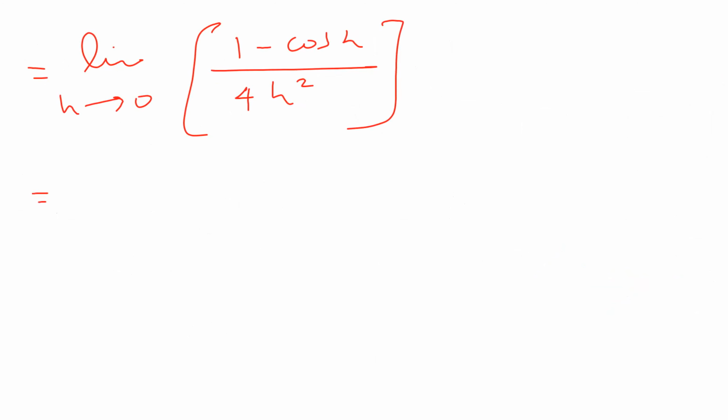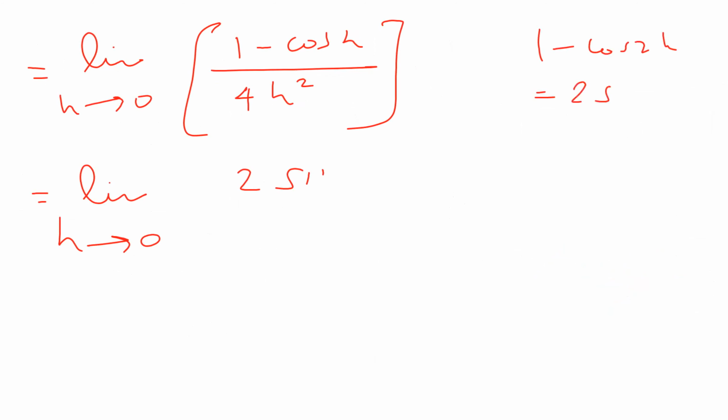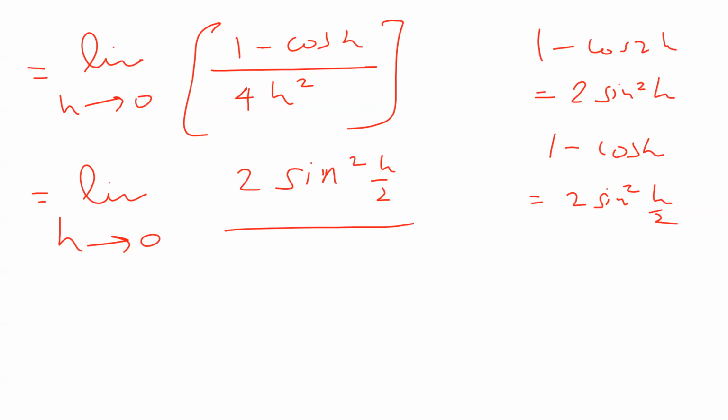Using the half angle formula, 1 minus cos 2h is equal to 2 sine square h. Then 1 minus cos h will be 2 sine square of the half angle, h by 2, upon 4h square.